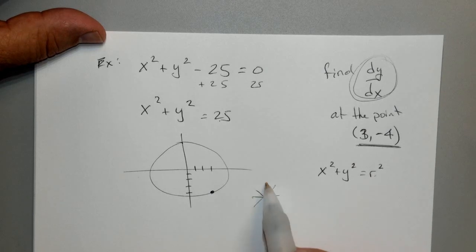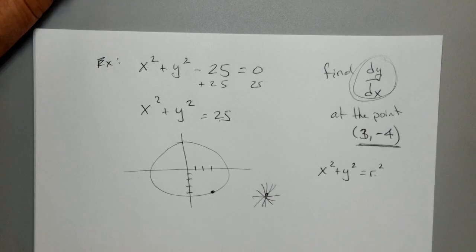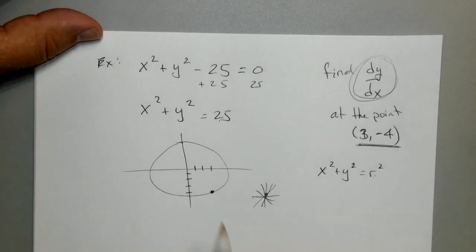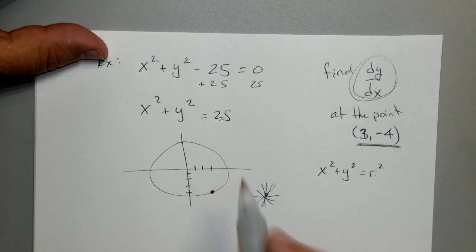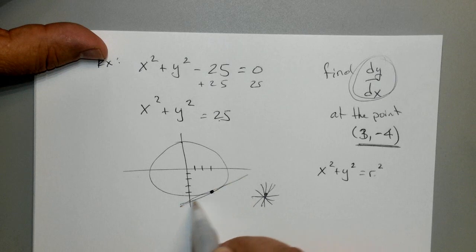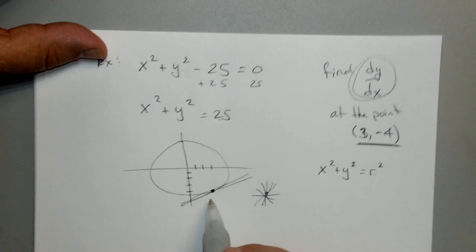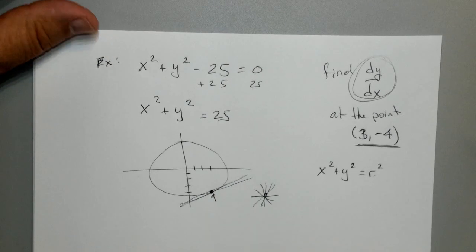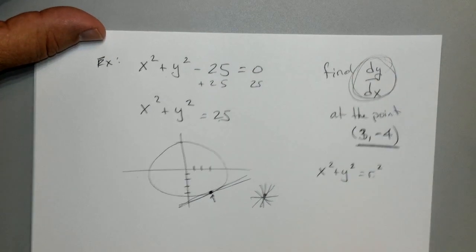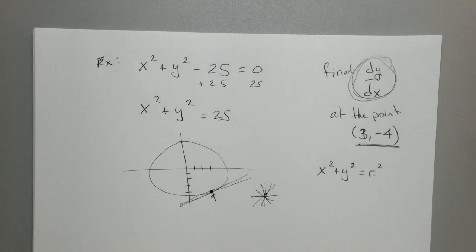It could be anything. It's an infinite number of slopes. But if the point is on the graph itself, then what this dy/dx is finding is the slope of the line tangent to the curve at that point. So that's what this whole thing means here. dy/dx means slope of the line tangent to the curve at that point.